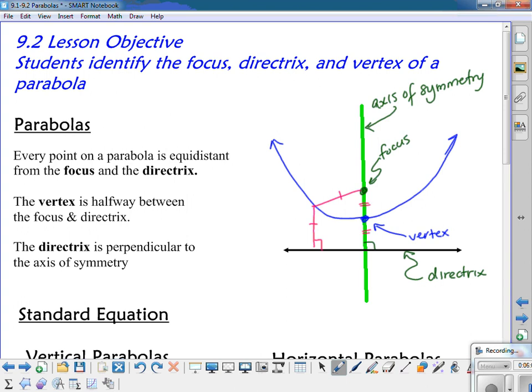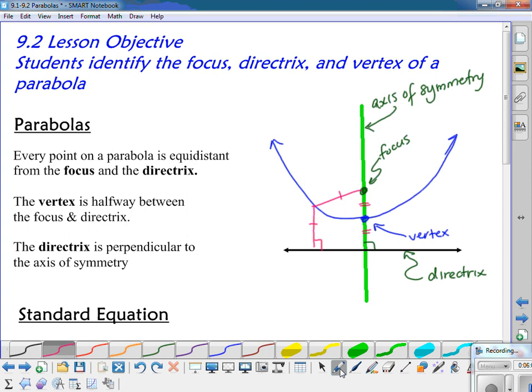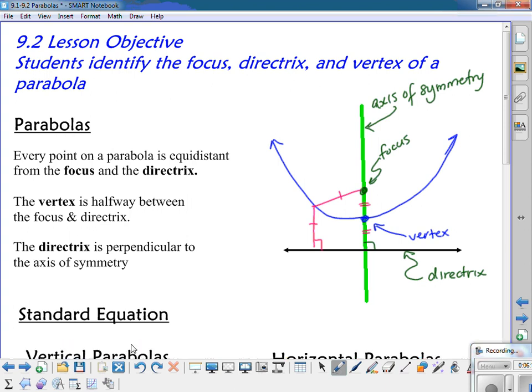I can pick any point on that parabola, and if it's drawn accurately, the segments will be the same length. Doesn't matter where I go on that parabola, it's equidistant. Okay? So that's where a parabola comes from.